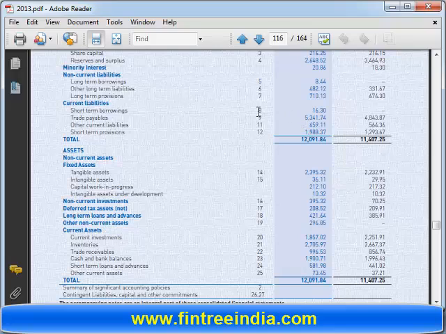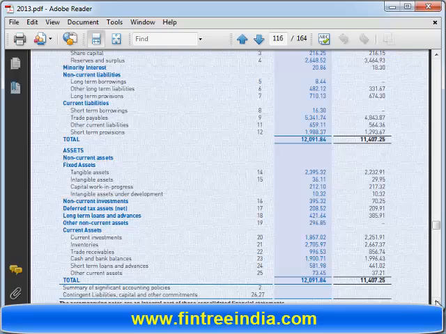So have this in your records, write down somewhere. It's 1 point something. How much? 1.06? 1.01. So write down current ratio of Hindustan Unilever is 1.01. We will also calculate today current ratio of Dabur, Marico and a few other FMCG companies, and then we will compare to them how well HUL is doing as of now.